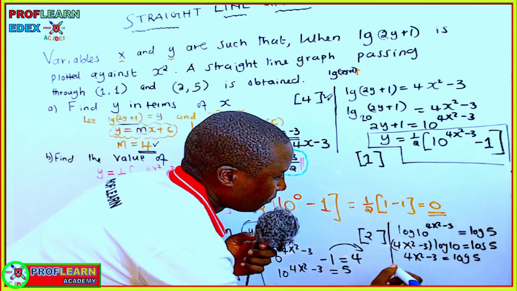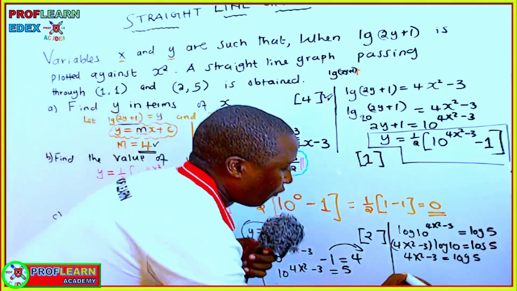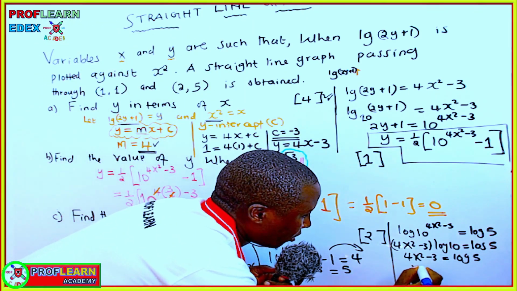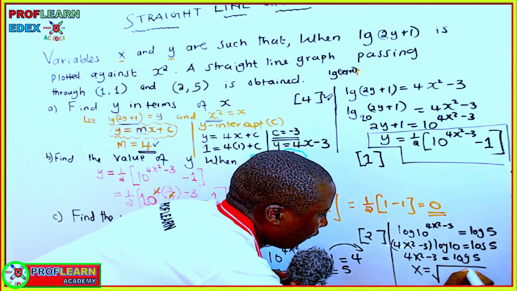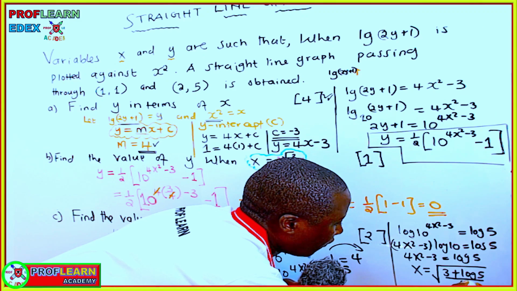And that will mean we need to take 3 to the other side to become addition. Then we divide by 4 and then find the square root. So x is equal to the square root of (3 plus log 5) over 4.